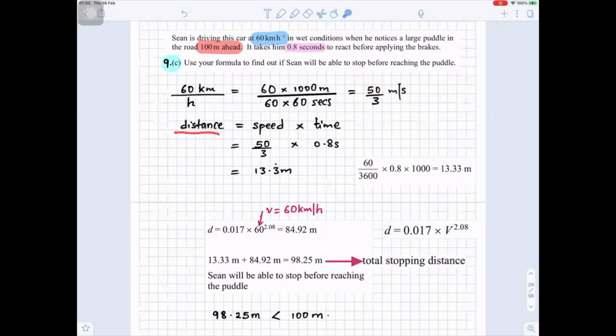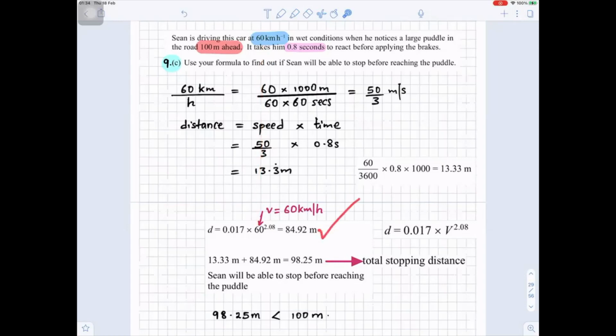Using the formula, distance is speed times time. So we know the speed is 50 over 3 and the time is 0.8. That will give you 13.3 recurring meters. Now we got from before d is 0.017 times, we substitute the 60 there, to the power 2.08.